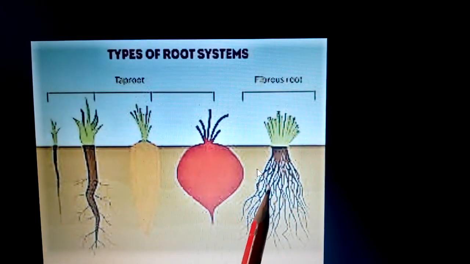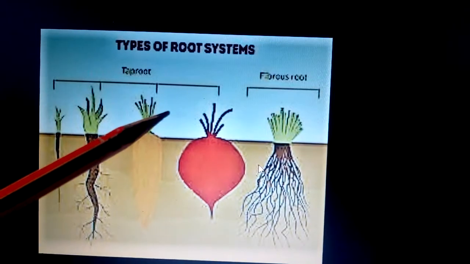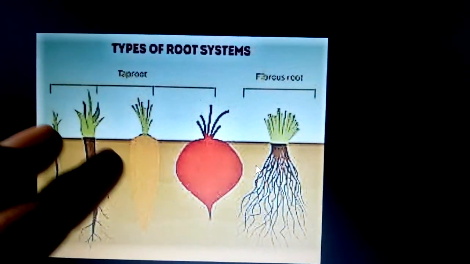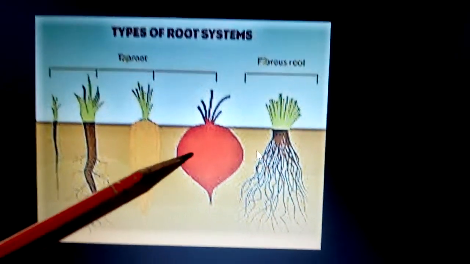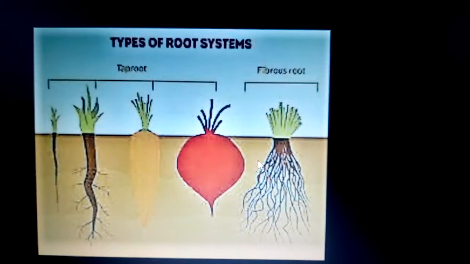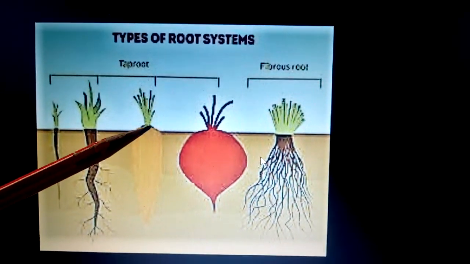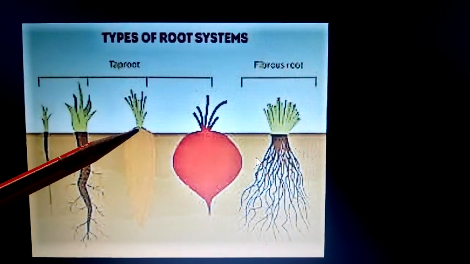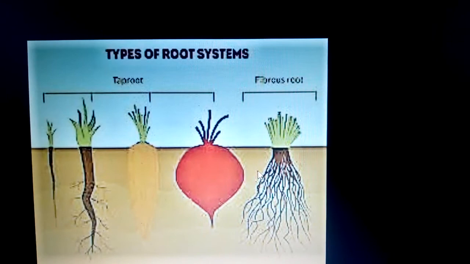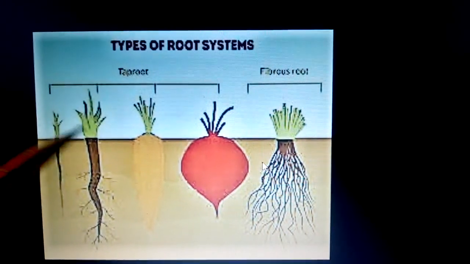Soil erosion means the removal of the upper part of the soil, the top part of the soil, the first layer of the soil, which is known as the top layer. And to stop soil erosion, it is generally the fibrous roots that help.